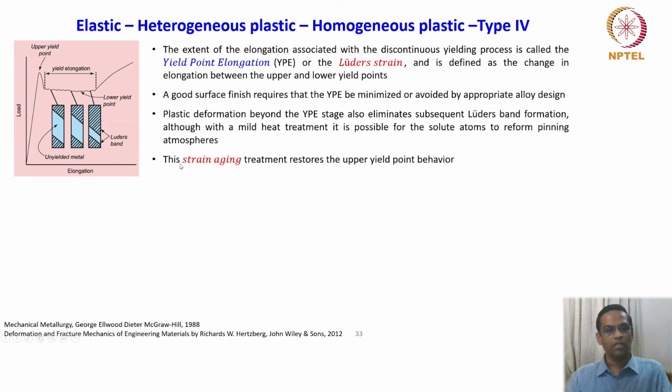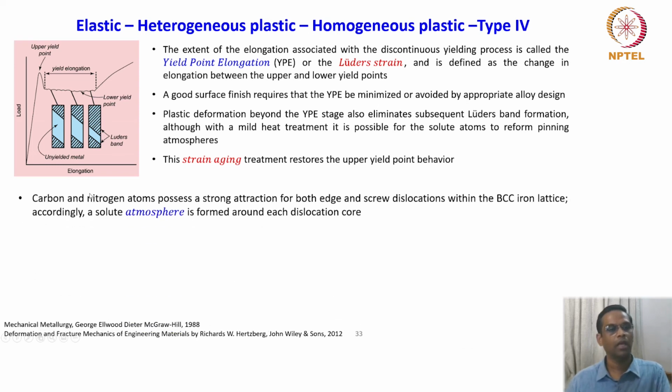So this strain aging treatment restores the upper yield point behavior. The interstitials coming out of the pinning, relaxing and getting back to pinning again is called strain aging. We will see this aspect separately in a few minutes.